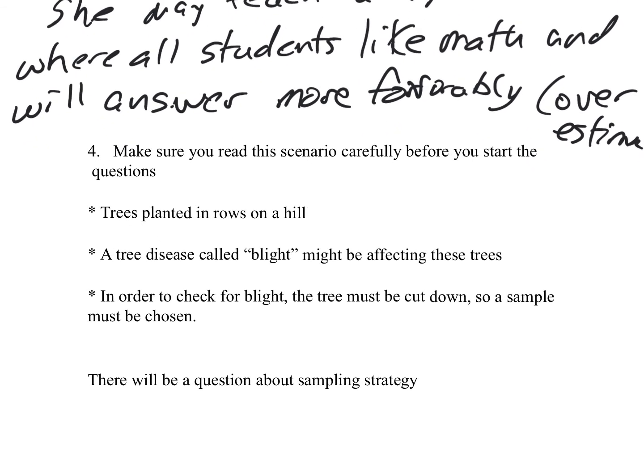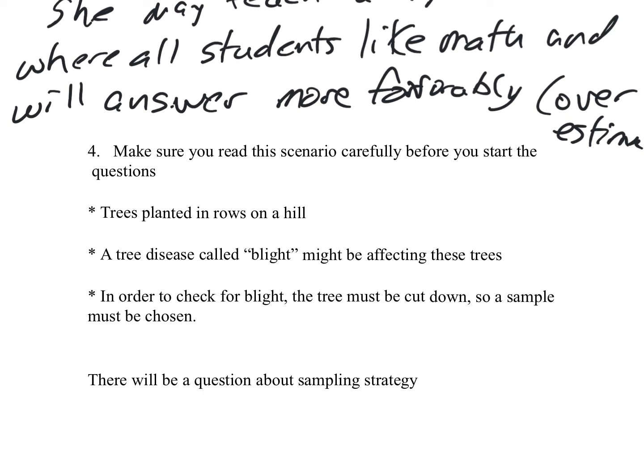All right, this next problem, this is where I can't get into too much detail. But I will talk a little bit about it. Scenario number 4, ladies and gentlemen. When you get your test on Tuesday, please read the scenario carefully before you start the questions. The scenario will deal with trees planted in rows on a hill. Does everyone know what a hill is? The trees are planted in rows.